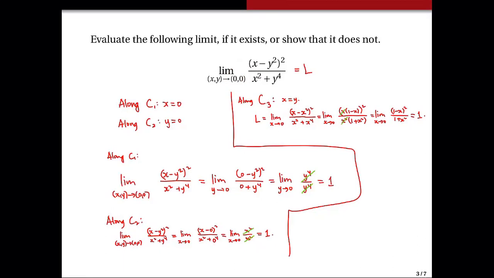So they thought that the limit does not exist when in fact, possibly the limit exists. It's just that they are thinking of a curve that is not really valid to use.